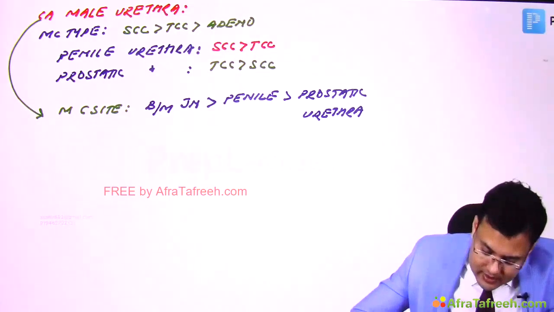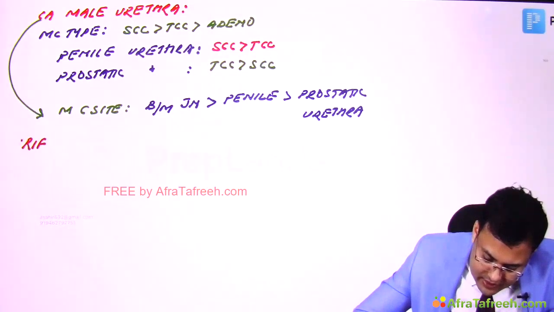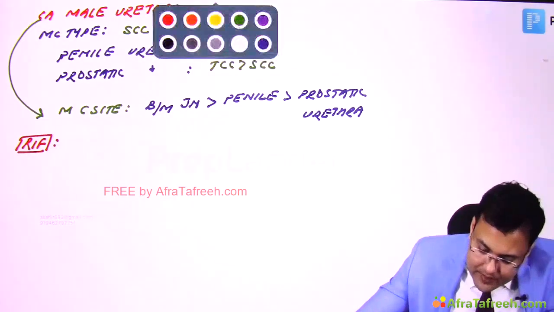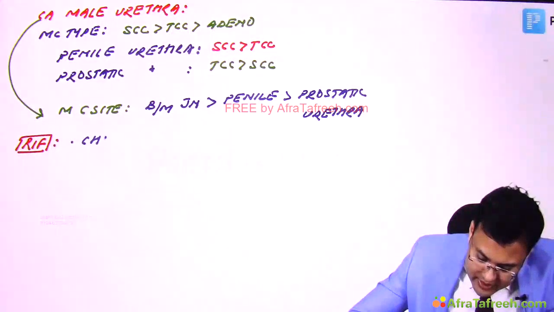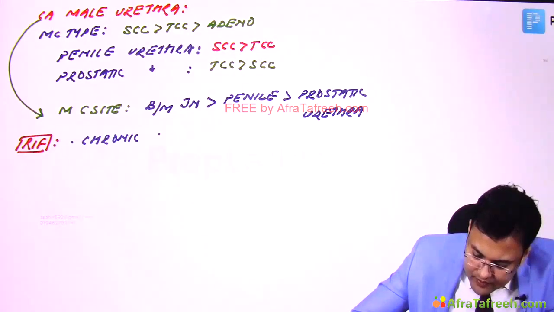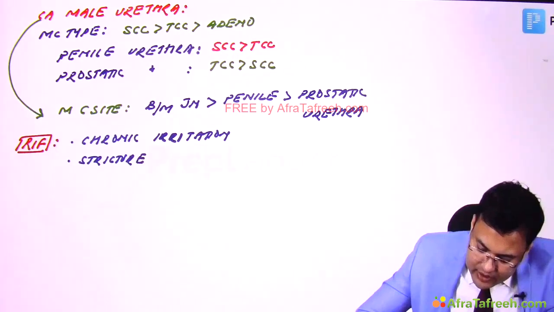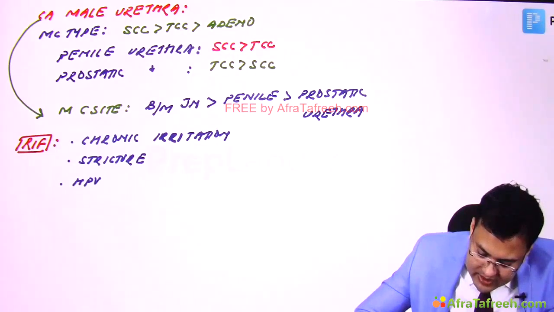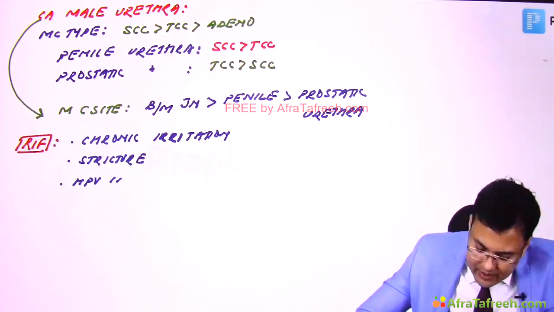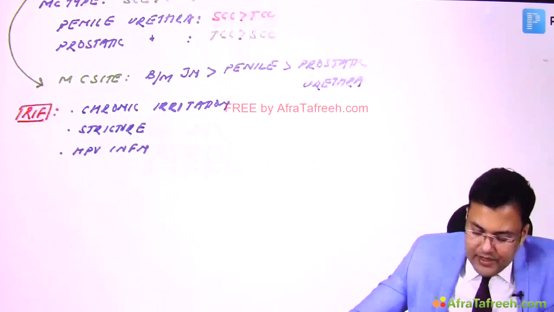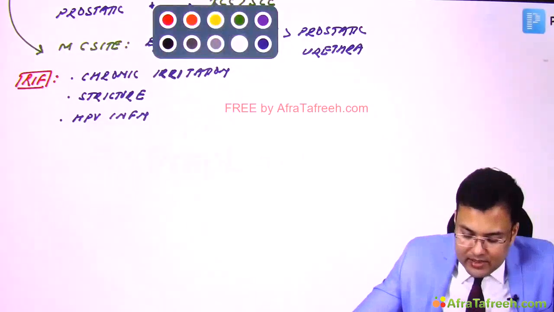What are the risk factors for carcinoma male urethra? Chronic irritation, stricture urethra, in stricture there is chronic irritation, and squamous cell carcinoma. So which infection? HPV infection.